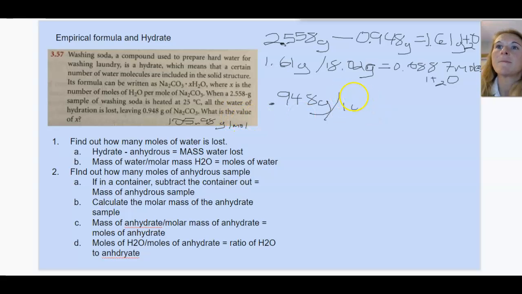So we're going to divide by that amount here. And that's going to give us the number of moles of sodium carbonate anhydrous. And that number is 0.00895 moles.